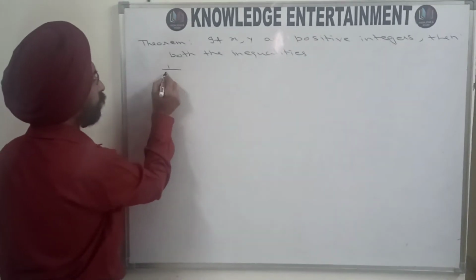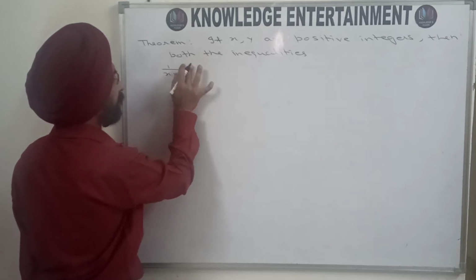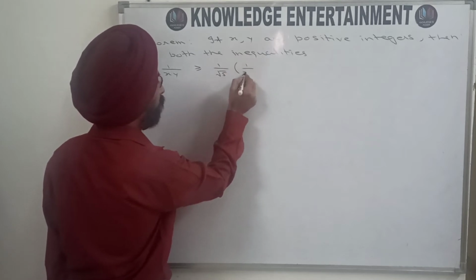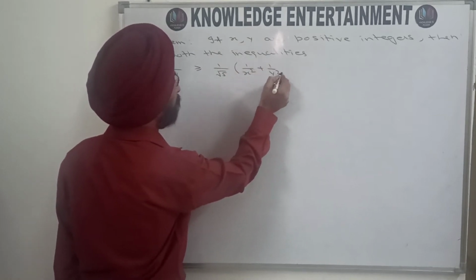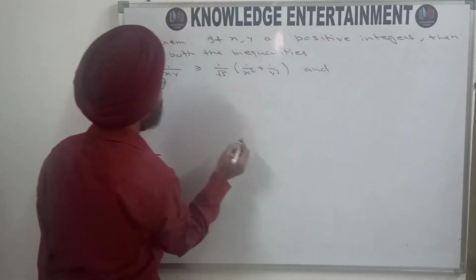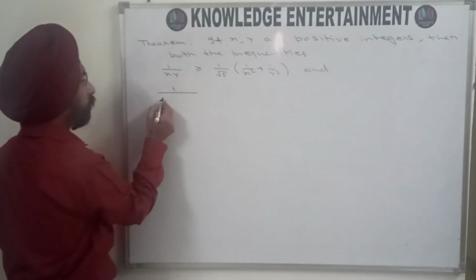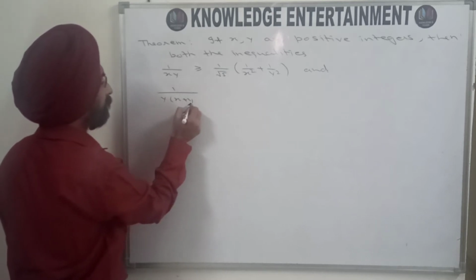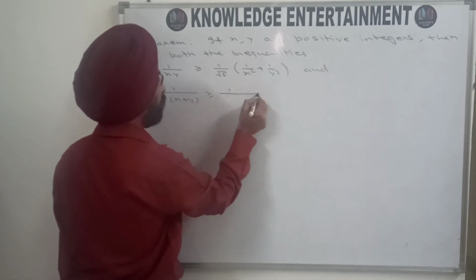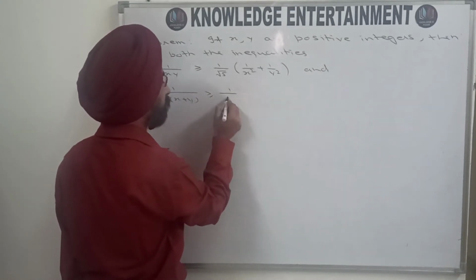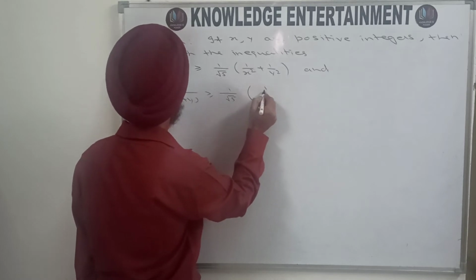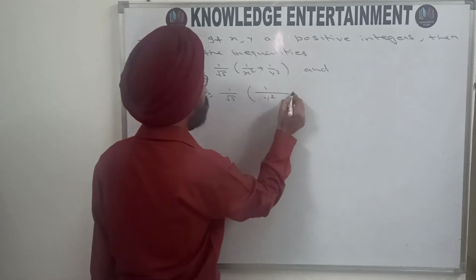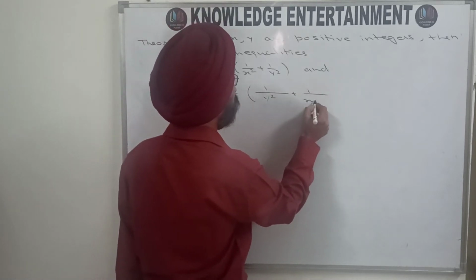1 upon xy is greater than or equal to 1 upon root 5, 1 upon x square plus 1 upon y square, and 1 upon y, x plus y is greater than or equal to 1 upon root 5, 1 upon y square plus 1 upon x plus y whole square.